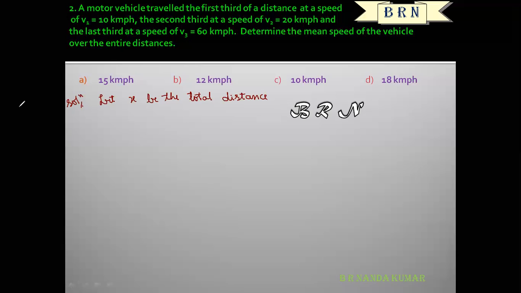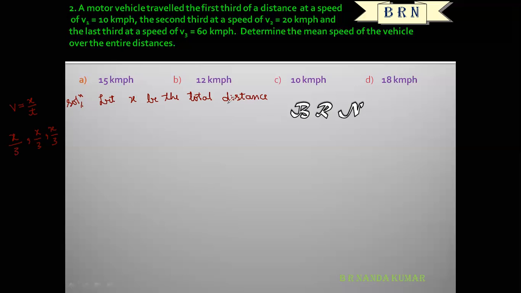Speed is distance covered divided by time taken. The distance is divided into 3 parts: first third x by 3, second third x by 3, and the last third x by 3. The total distance is x.